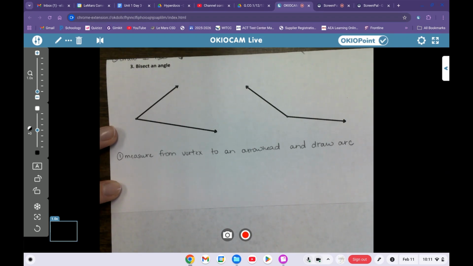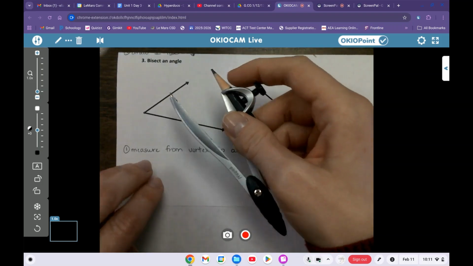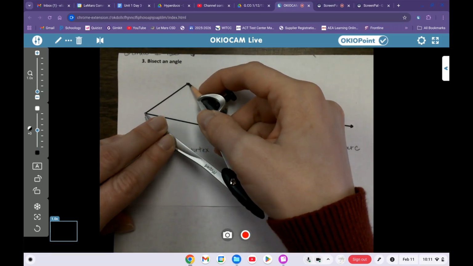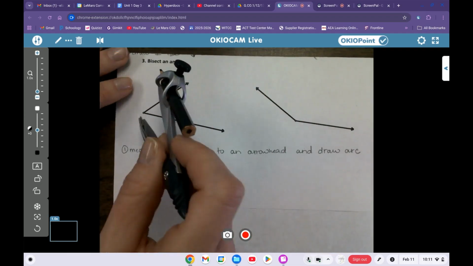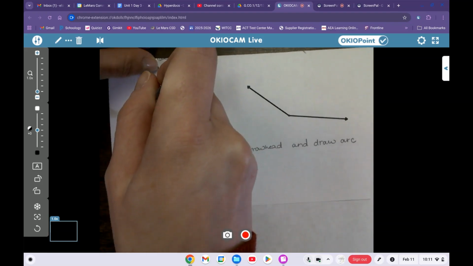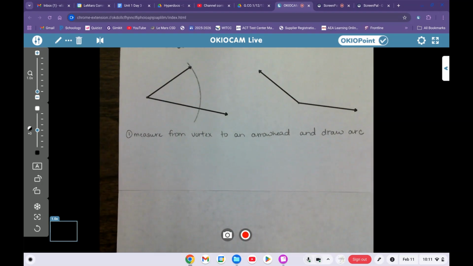I'm just going to go with the shorter side again. So for this first one, I'm going to measure the length of this. So I'm just going to go from this pointer here up to the arrowhead. Okay, so I'm just measuring there. And then I'm going to draw an arc through the picture. Like so. Okay, the arc is going to be kind of what we use now to finish this problem.